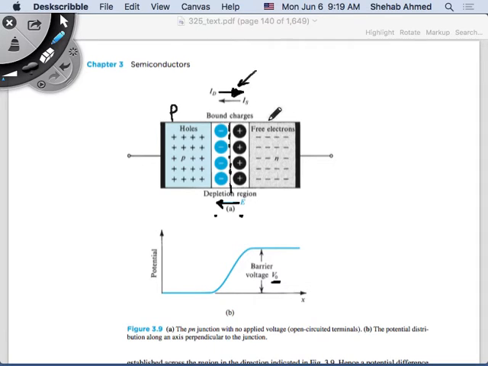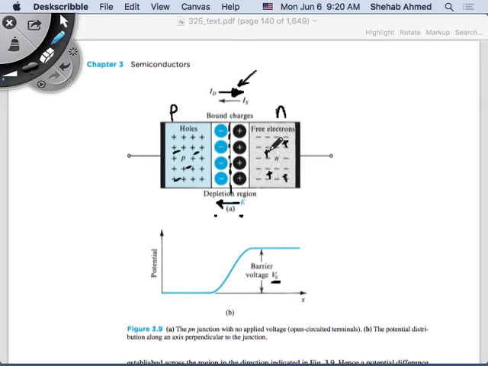This is, okay. And then we said that this electric field now is set up here, and then we have some minority charges, minority positive charges on the n side, in the n-type material, and we have minority negative charges on the p-type side. So what happens is, these charges are moving around because of the heat, the temperature, for example.